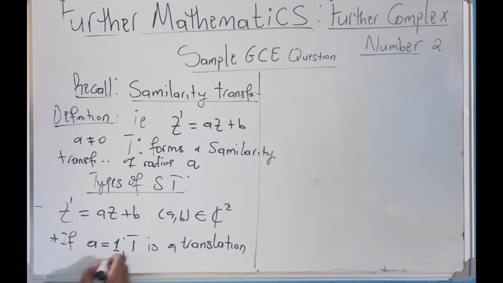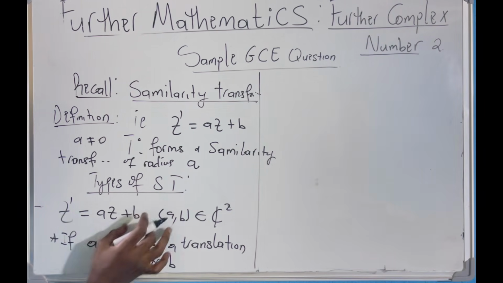This is a translation of the complex vector b. I'm taking z and translating by b.